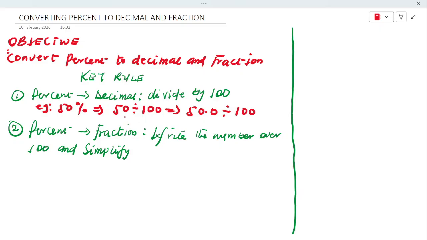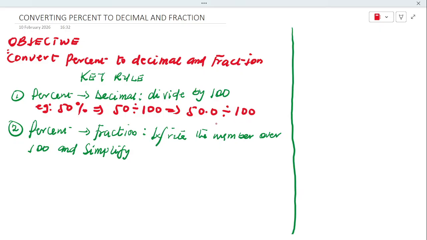So since the dividend is lesser than the divisor, we add a decimal point and add 0. You can add as many zeros as you want, but it doesn't change the value of the digit. Then you divide by the power of 10 that we are dealing with.